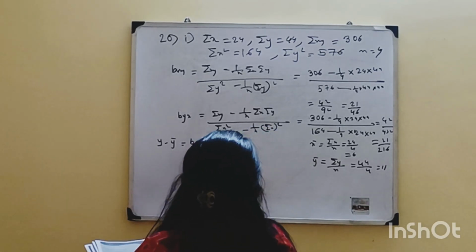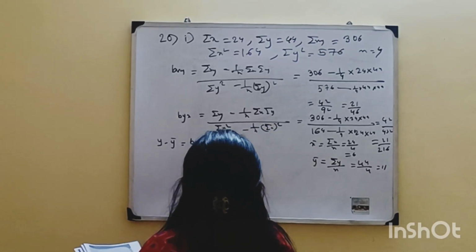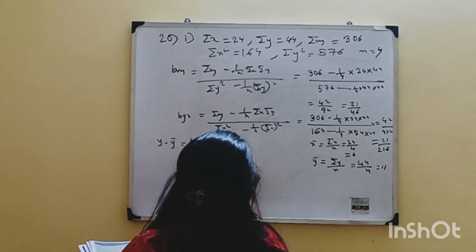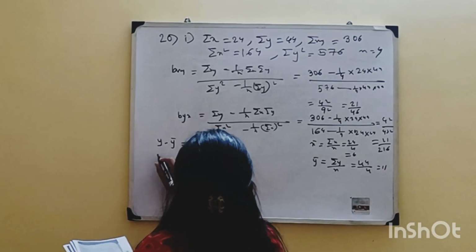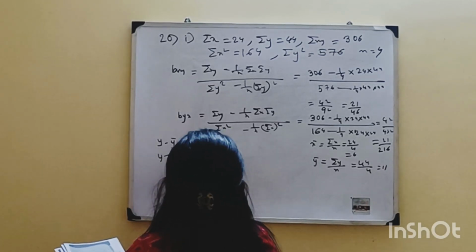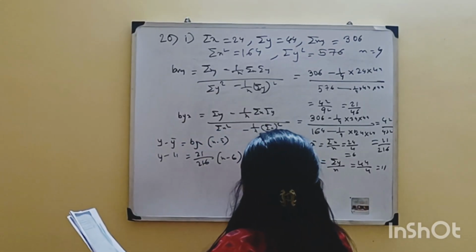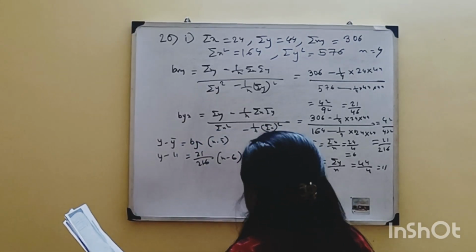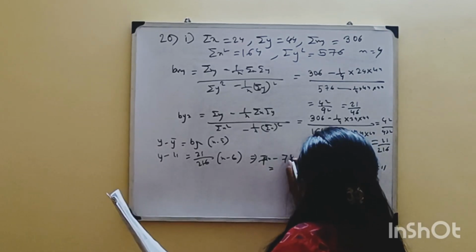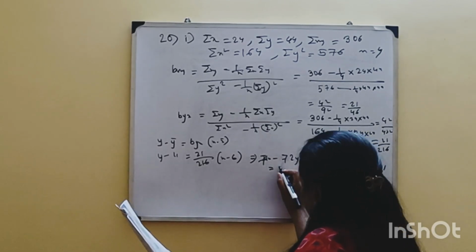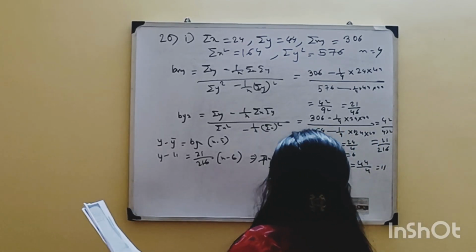Byx means 21 by 216, x minus x bar means x minus 6, y minus y bar means y minus 11. So the equation is 7x minus 72y is equal to 750.